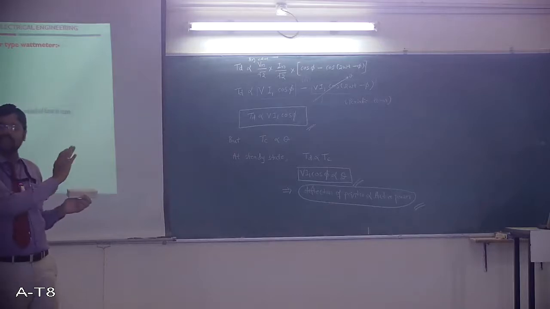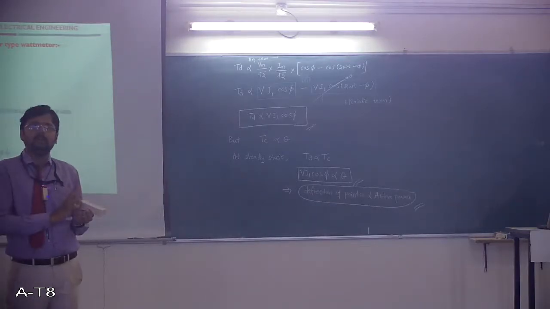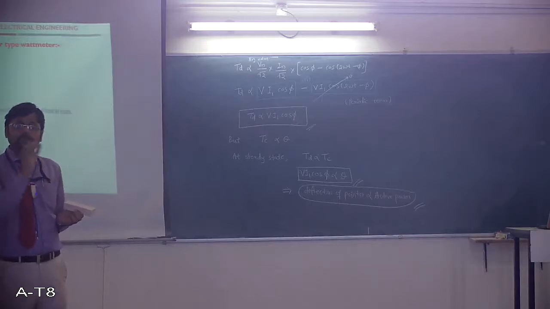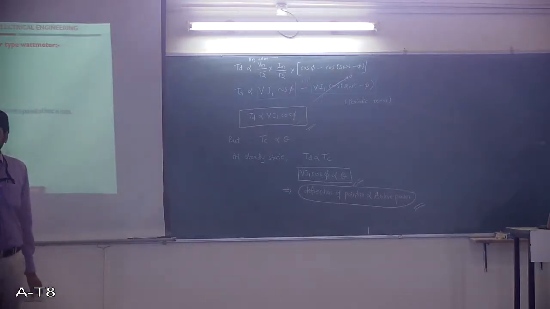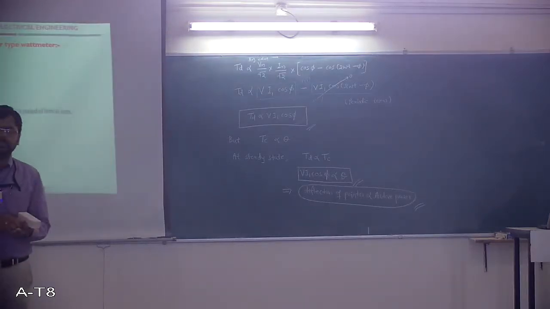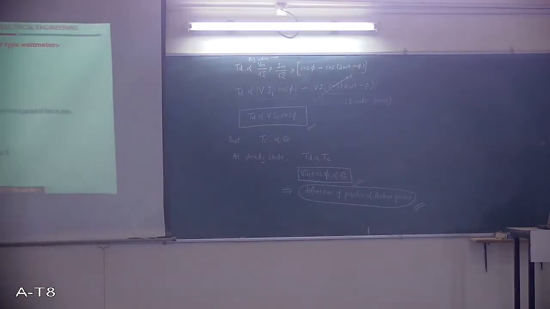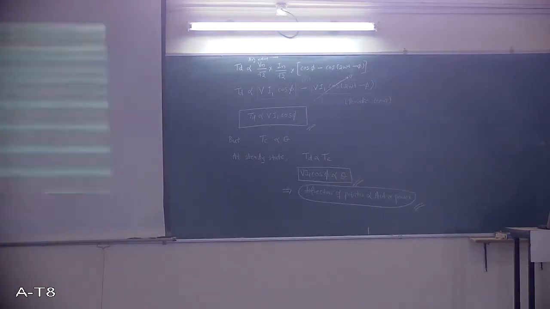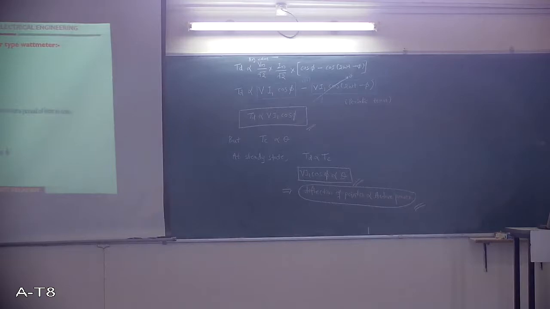It is moving, no doubt, but you have to calibrate it so that it reads the correct value. Calibration is very, very important. If you don't calibrate the instrument, it shows the wrong reading. This is how the wattmeter works with both AC as well as DC and can measure AC power as well as DC power.